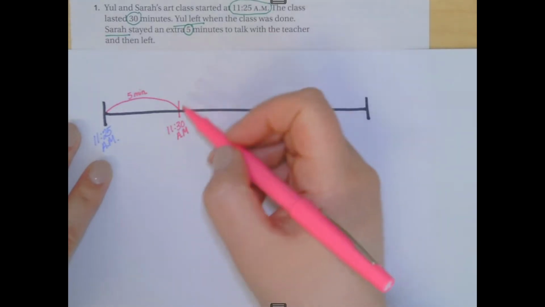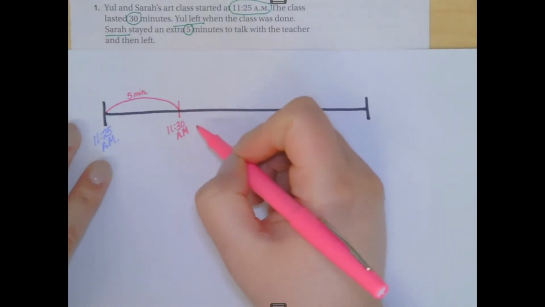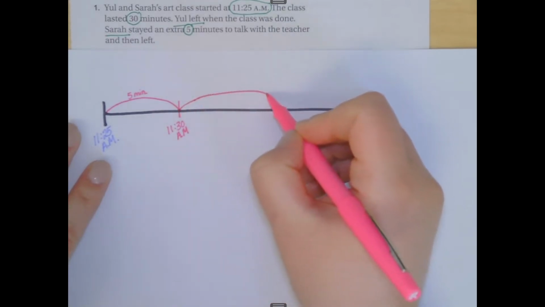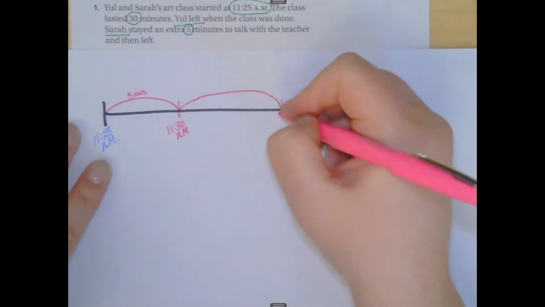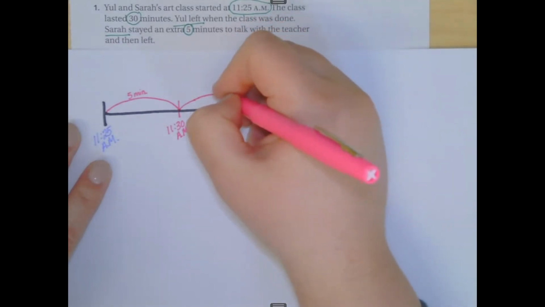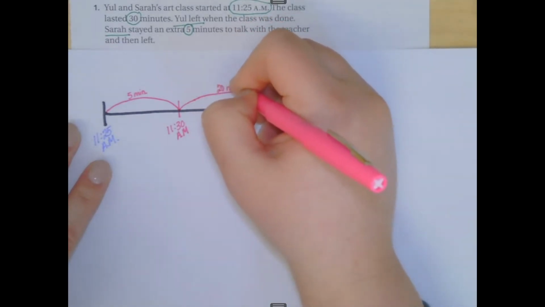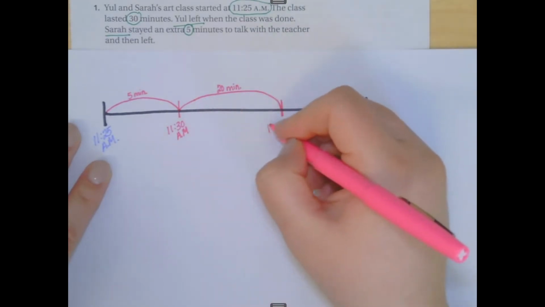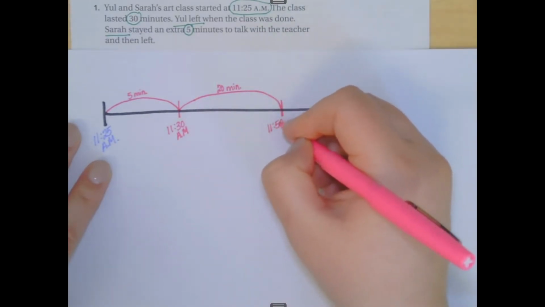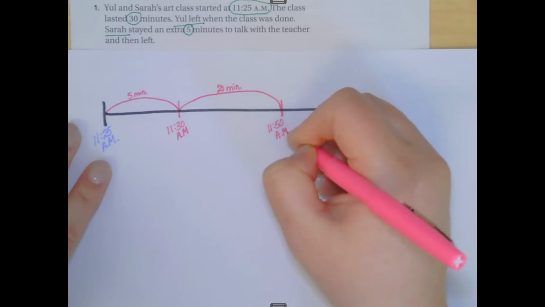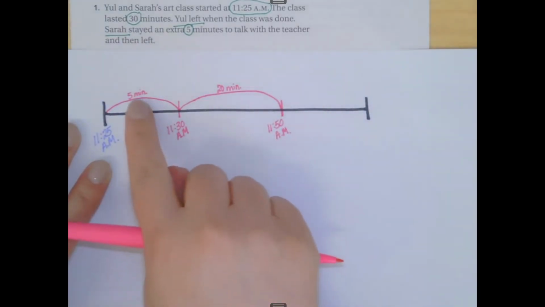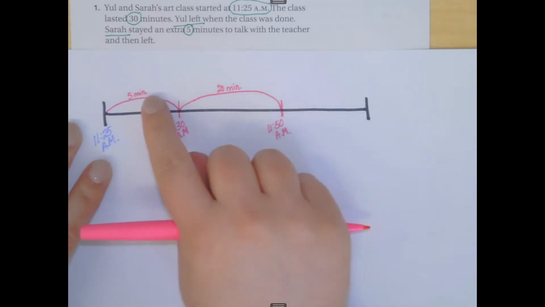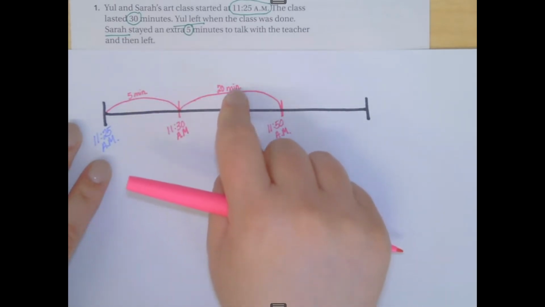Well, let's make a 20-minute jump because I can add 20 minutes on easily. So I'm going to make a big 20-minute jump, and I'm going to label it 20 minutes. 30 plus 20 is 50. So now I'm at 11:50 a.m. Okay? And the reason I've written how big my jumps are up here is because I can go check. 5 plus 20 is 25.